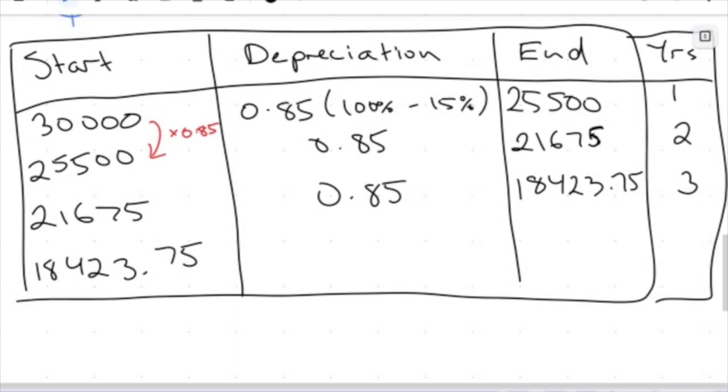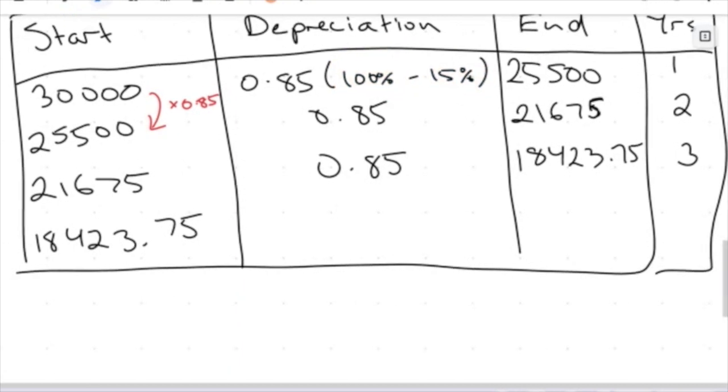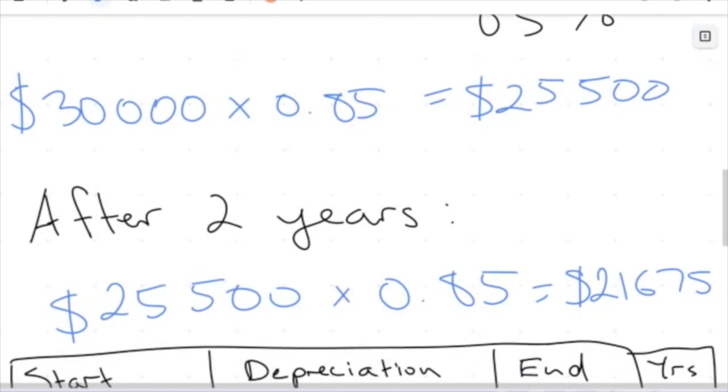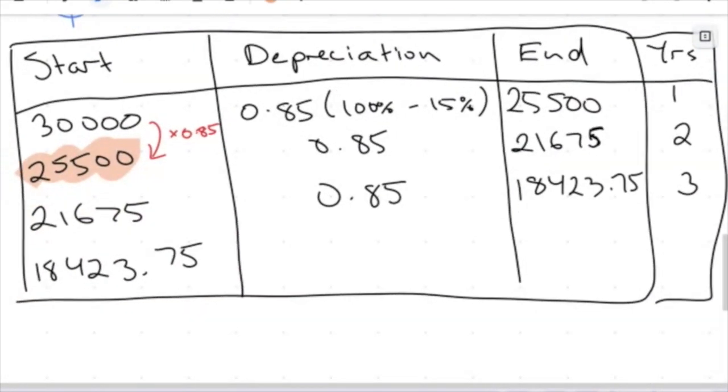So my original minus my depreciation. Okay, now if we keep following the arithmetic, to get from 25,500 to this 21,675, I once again multiplied by 0.85. You can see it up here. So I timesed by 0.85 again.